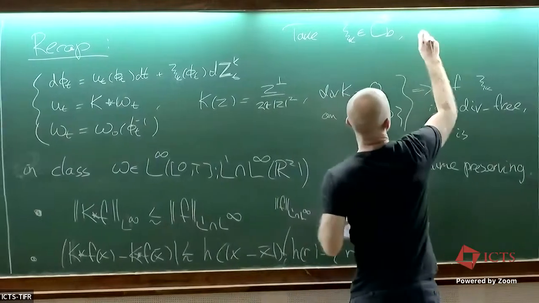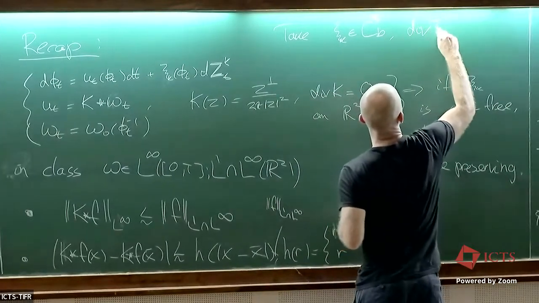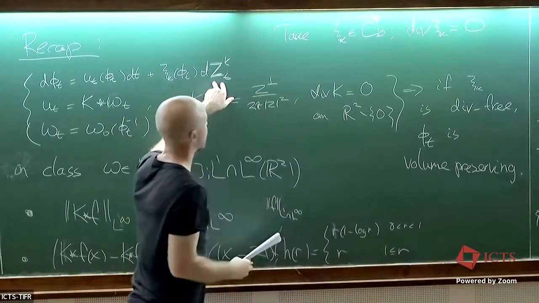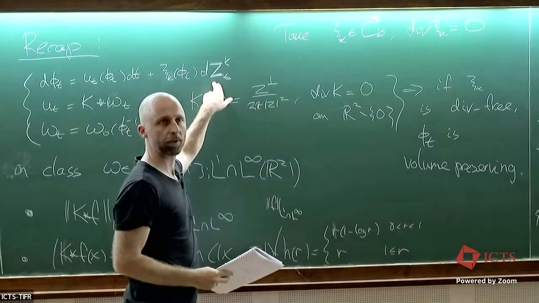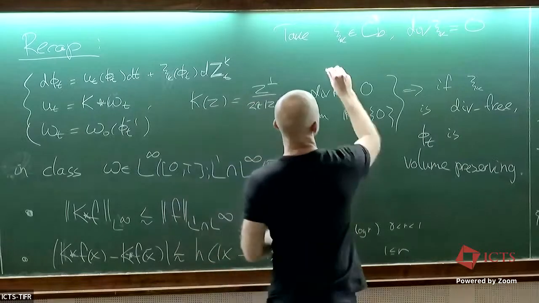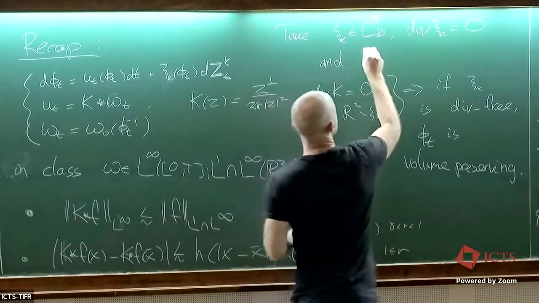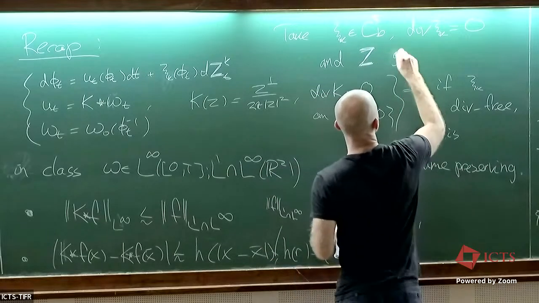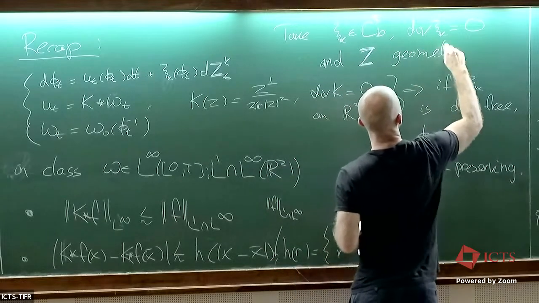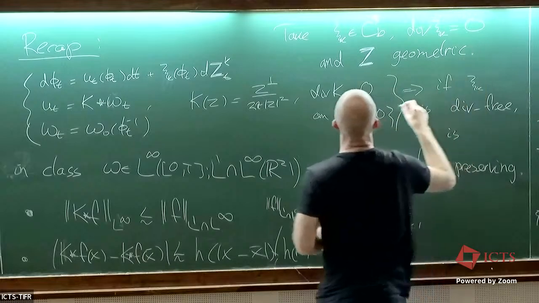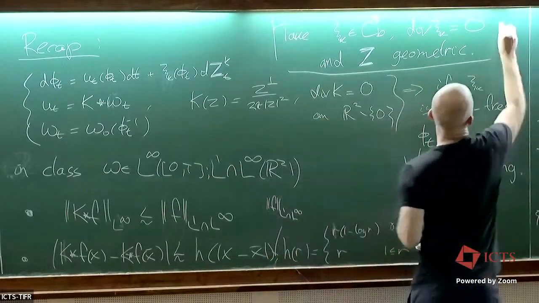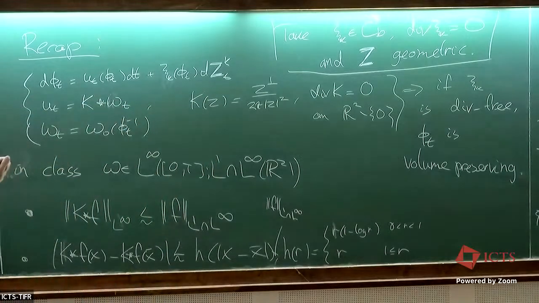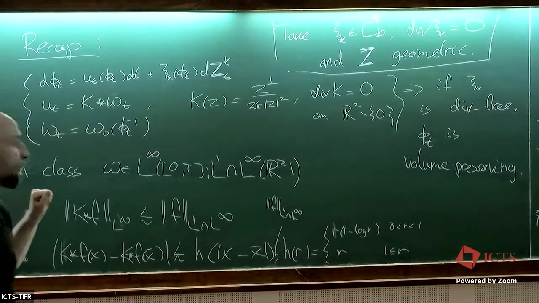We also want them to be divergence-free, and we want our rough path to be geometric. So this will just be the standing assumptions for the rest of the talk. Okay?